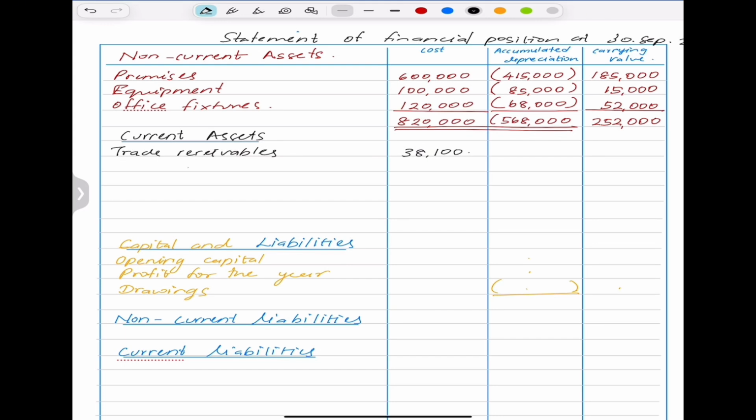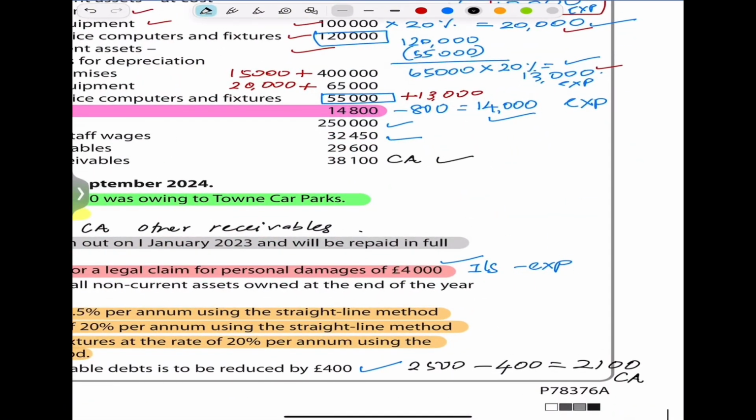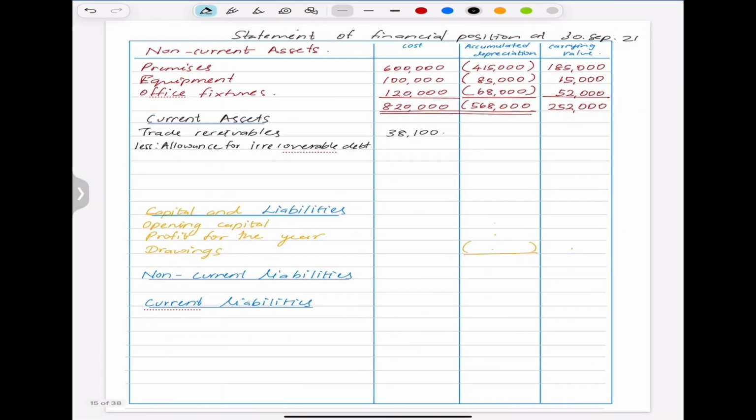Then less allowance for irrecoverable debt, which is this 2,100. 38,100 take away 2,100 should be 36,000.